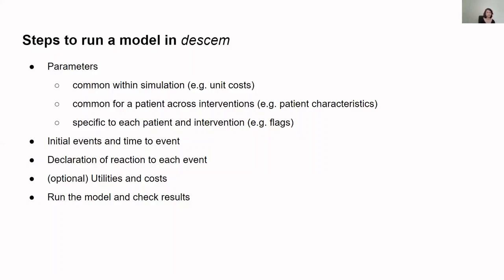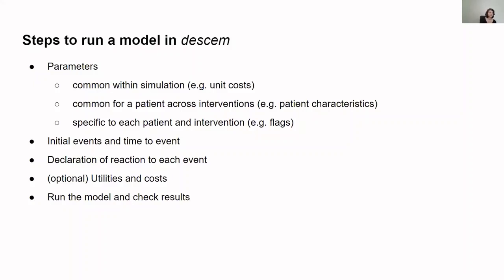The first one are those that are common within the simulation across all of the patients. For example, if you think about unit costs, those do not change depending on the patient. The second one is those parameters that are common for a patient across different interventions. An example would be patient characteristics such as age and sex.